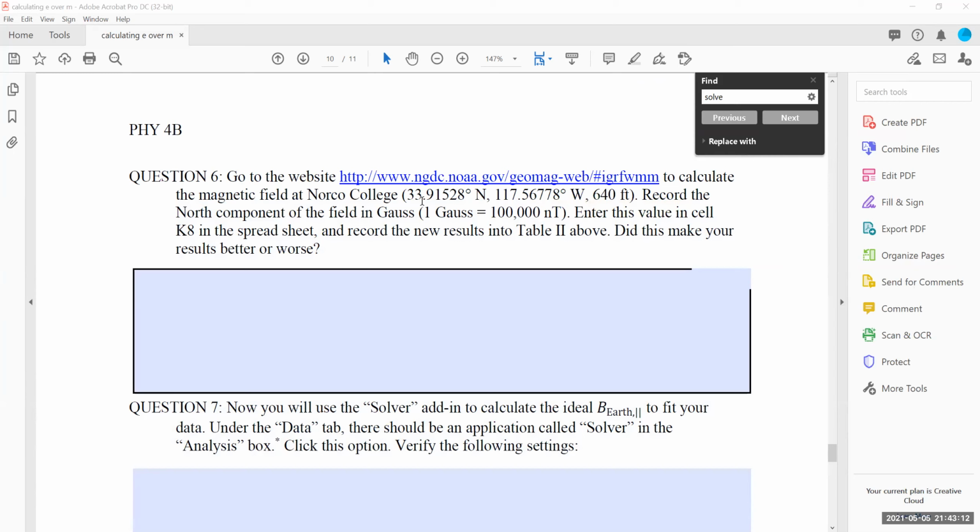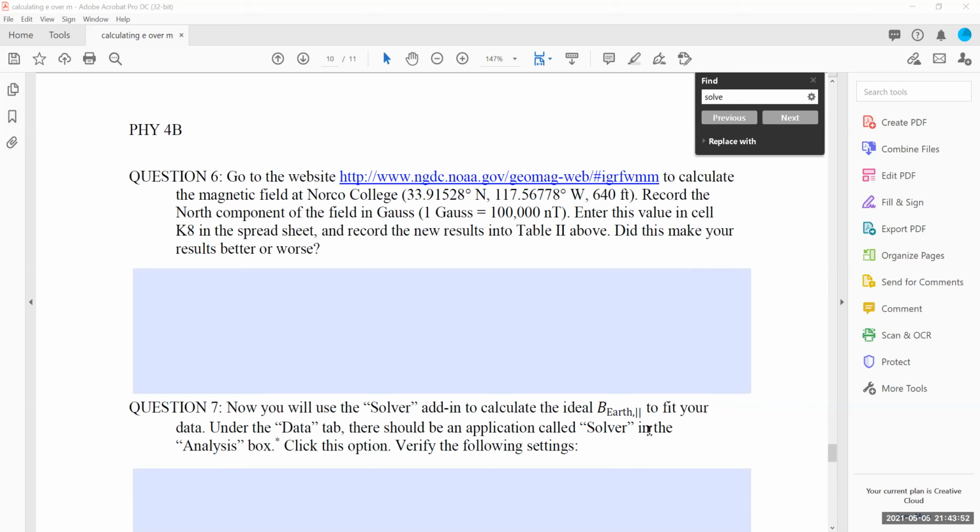If you don't find it, just enter the address of the college, and it should give you the coordinates of the college. Enter also the elevation of the college, which is 640 feet. Note that 1 Gauss is this many 100,000 nanoteslas. This gives you the value of the magnetic field of the Earth at the location where we're supposed to be doing the lab. Then you go back into the Excel file and plug it in there, and follow the rest of the instructions.